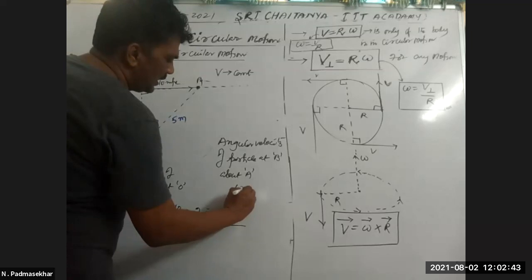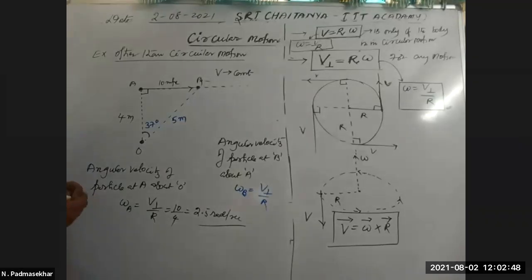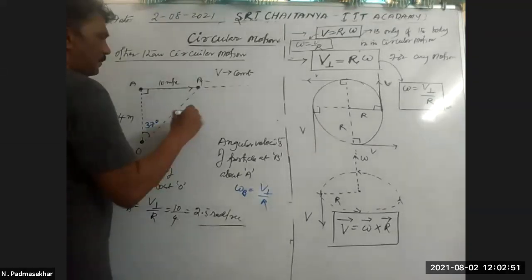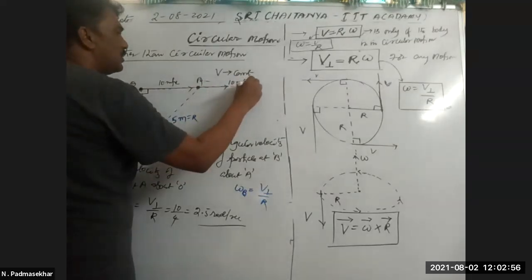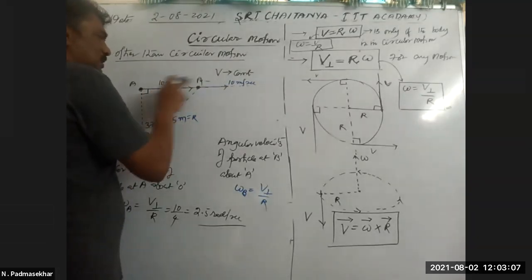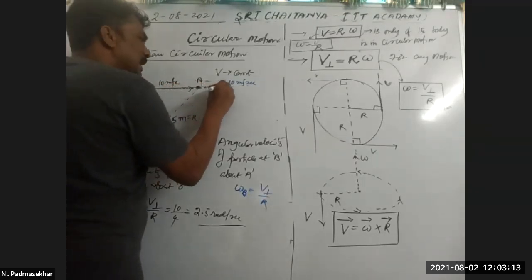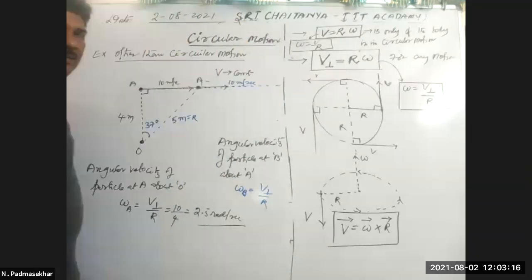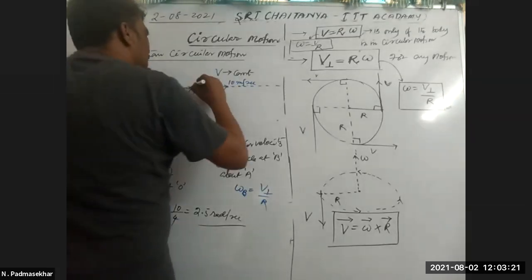So you know the angular velocity at B is equal to V perpendicular by R. This is R. But see, this V, 10 meter per second, is not perpendicular to this R. అలాంటప్పుడు ఏం చేయాలి? You have to resolve. The particle is going with 10 meter per second like this. The speed is constant.